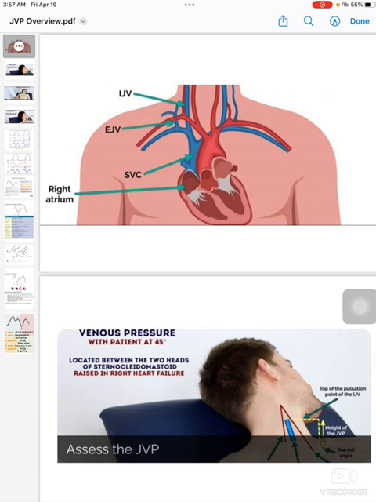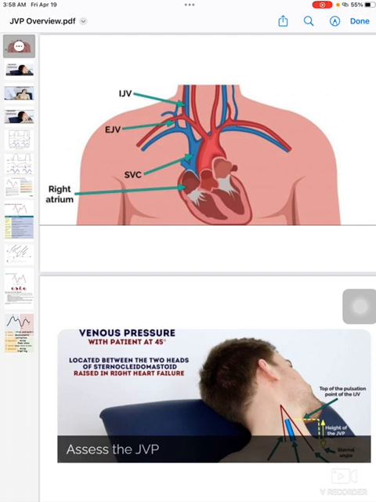Differences between the venous pulsation of the jugular venous pressure and the arterial pulsation of the carotid artery include, number one, the number of pulses: the jugular venous pressure has a double wave pulse, for example two pulses, whereas the carotid artery has a single pulsation per cardiac cycle. Number two, palpability: the pulse of the jugular venous pressure is not easily palpable, whereas the carotid pulse is typically easy to feel.